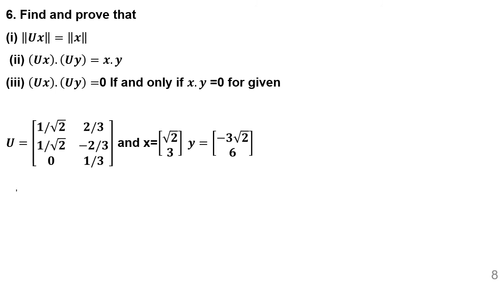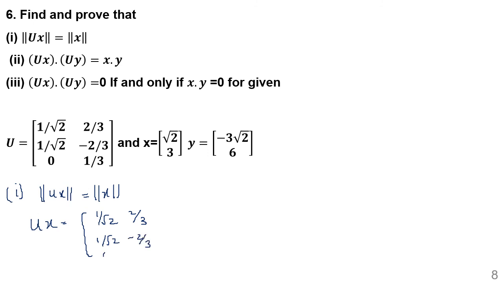So the first problem is that the distance of Ux should be equal to the distance of x. First we'll multiply U into x, which is 1 by square root of 2, 2 by 3, 1 by square root of 2, minus 2 by 3, 0, 1 by 3, into x, which is square root of 2, 3. 1 by square root of 2 into square root of 2 is 1. 2 by 3 into 3 is 2. 1 by square root of 2 into square root of 2 is 1.